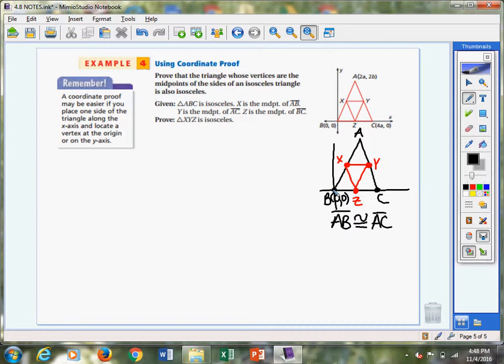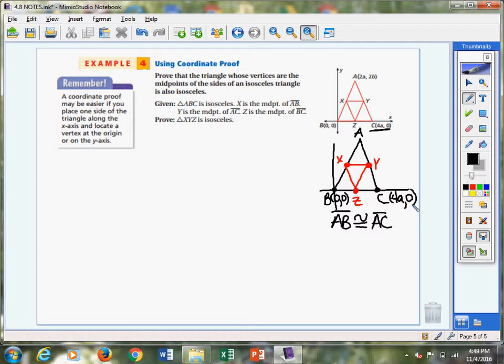Now, you're probably looking at that going, why did they call C 4A, 0? Well, think about the midpoint. What's halfway between 0 and 4A? What's half of 4A? 2A. So that's the reason they went with 4A, because we need to use a little bit higher multiple.